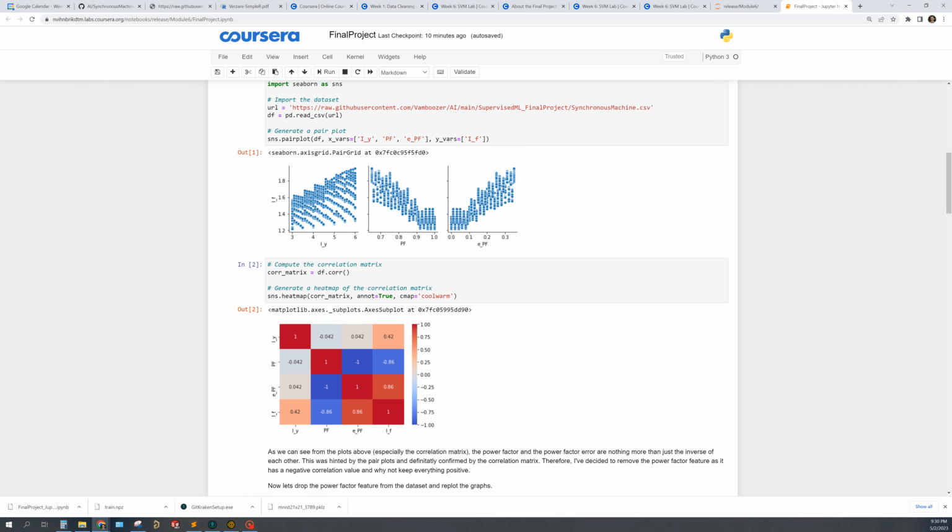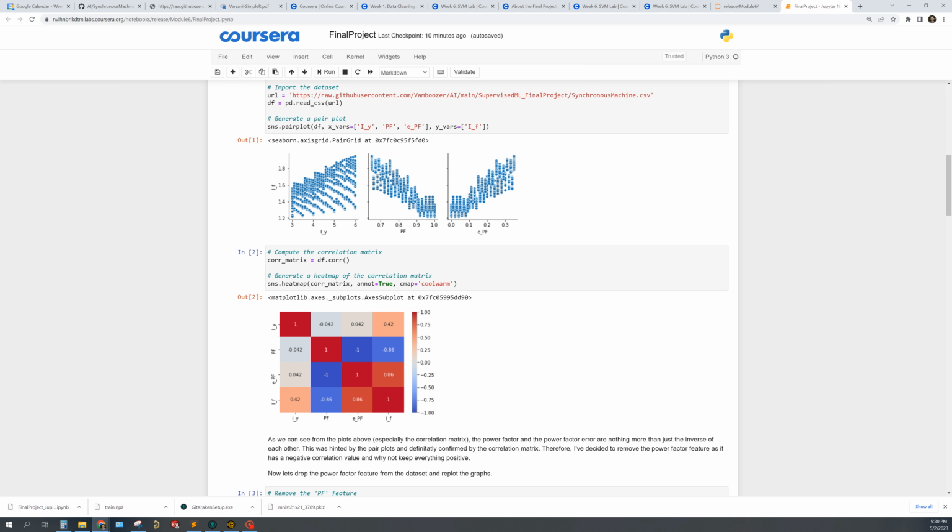Then I went ahead and did a correlation matrix on that, and from that you can see the power factor and the error power factor. They're different data sets when you actually graph them, but they're just mirror images of each other. So my suspicion was proved correct when I saw the correlation matrix, where the error of power factor has what you'd expect, a positive number between 0 and 1, which was 0.86.